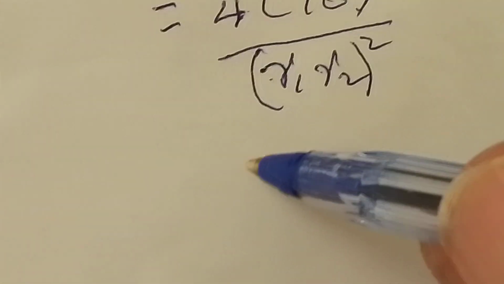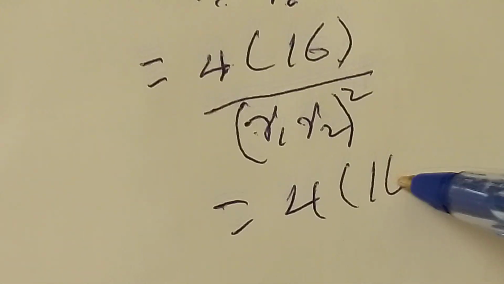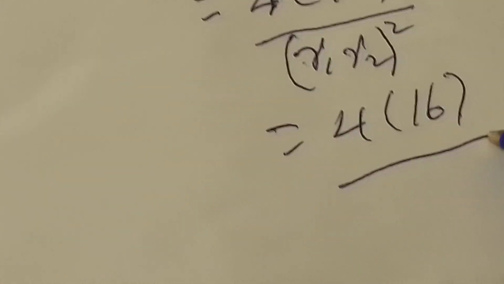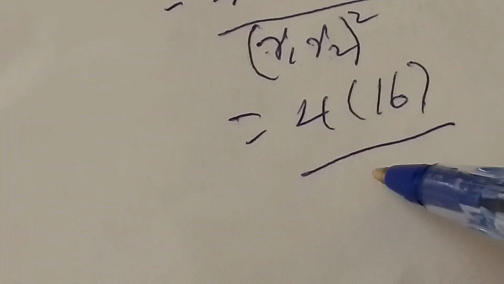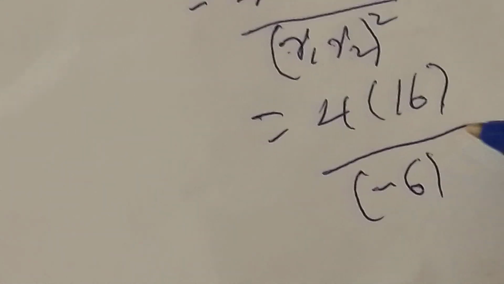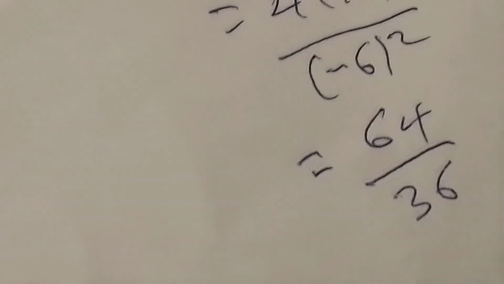So substituting, this equals 4 times 16 over r1 times r2, which is negative 6, squared, which is 64 over 36.